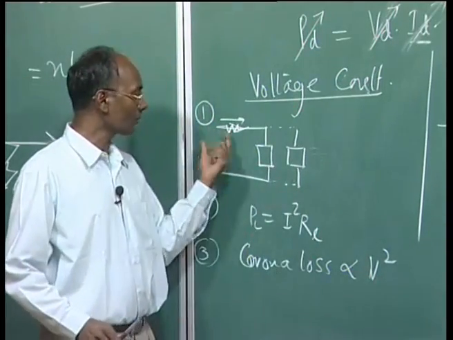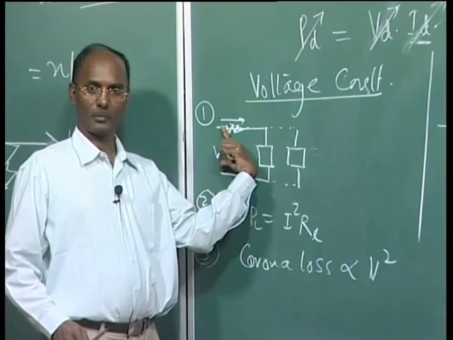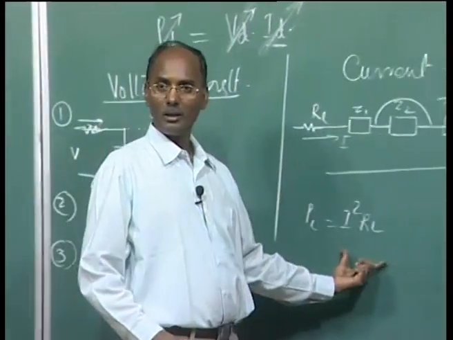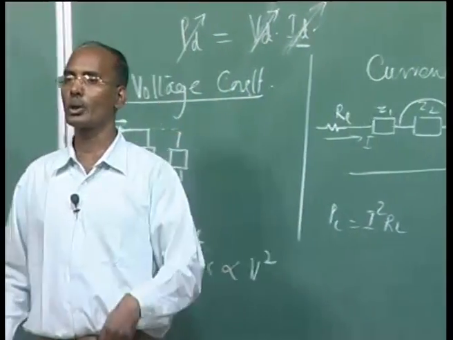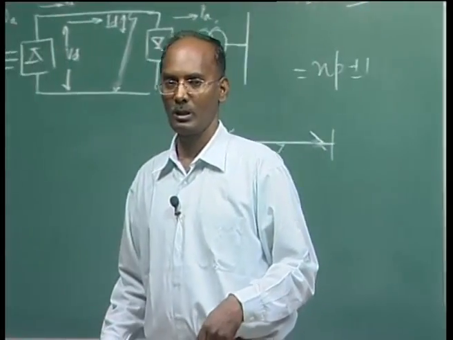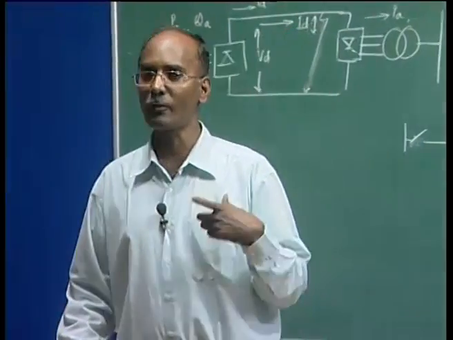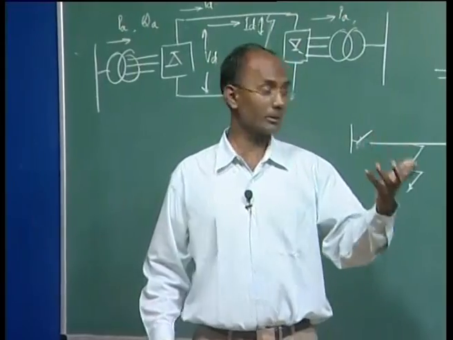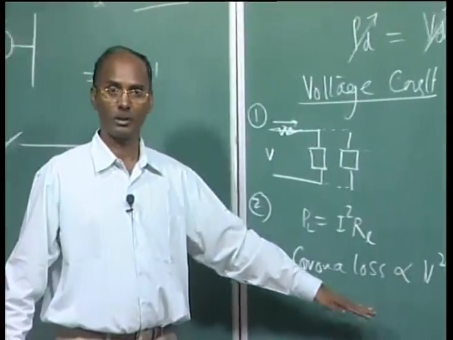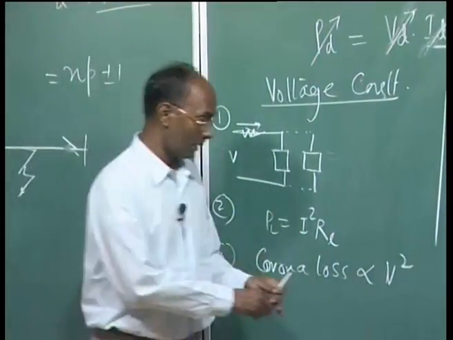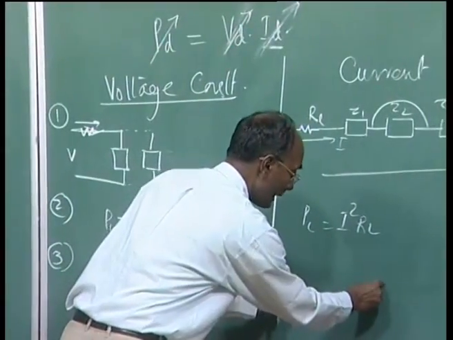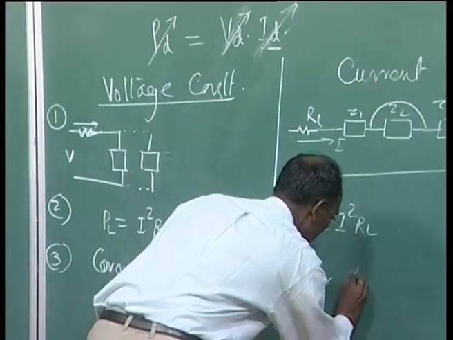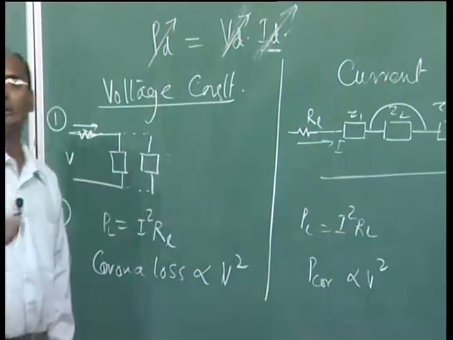Now the V of this line is fixed, so this loss is constant here, but here the voltage is changing, so your corona loss is changing. Although corona loss is not very high, if you are going for the EHV transmission system, then this loss is significant. Corona loss is also proportional to V square, and it keeps on changing.